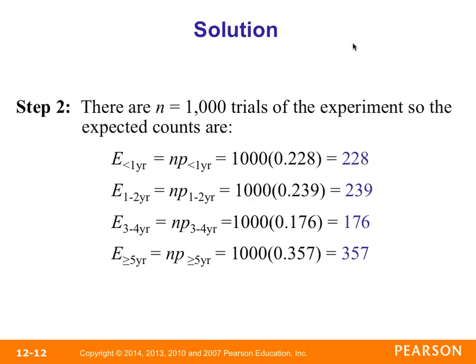In order to get the expected counts, all we have to do is take our n, which is 1,000, and multiply by the probability that we had from the previous survey. So we have 1,000 times 0.228, so we get 228. So it means that there are 228 expected grandparents out of the 1,000 who will have cared for their grandchildren for less than 1 year. 239 for 1 to 2 years, 176 for 3 to 4, and 357 for at least 5.